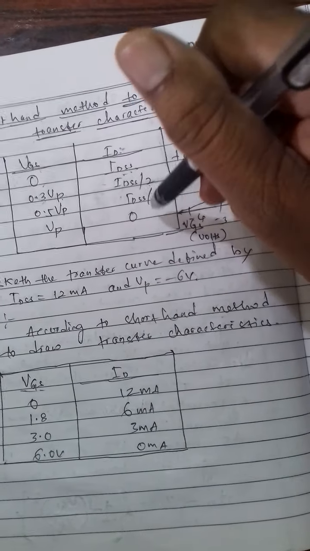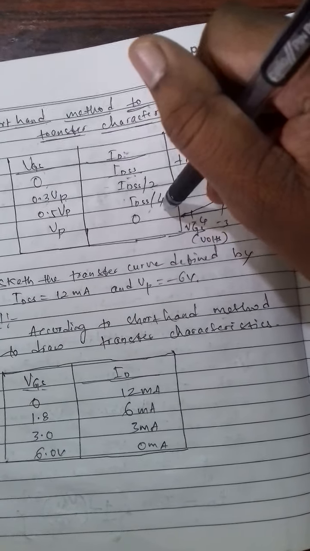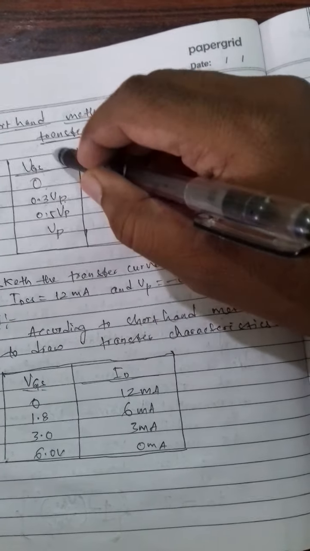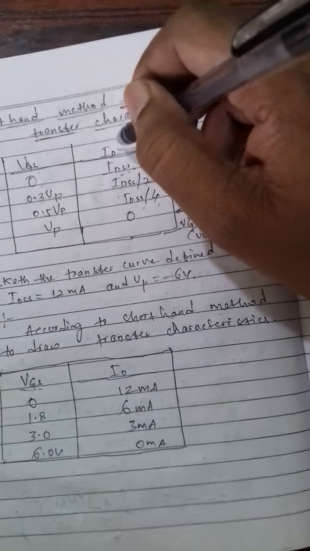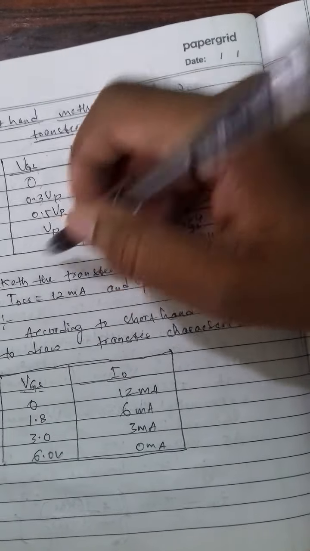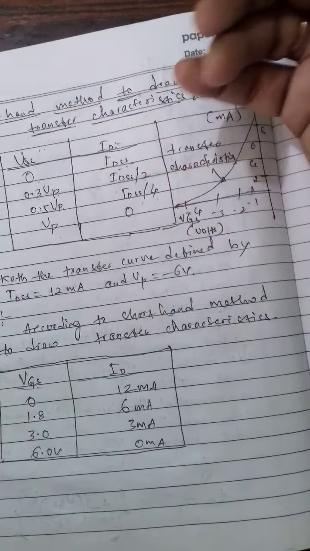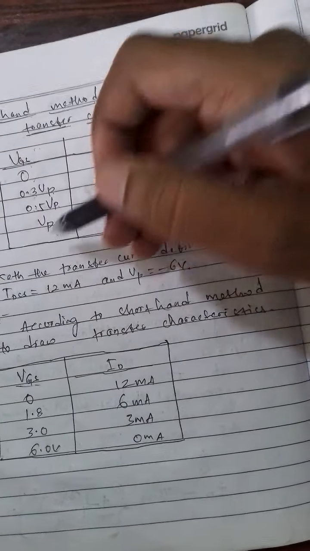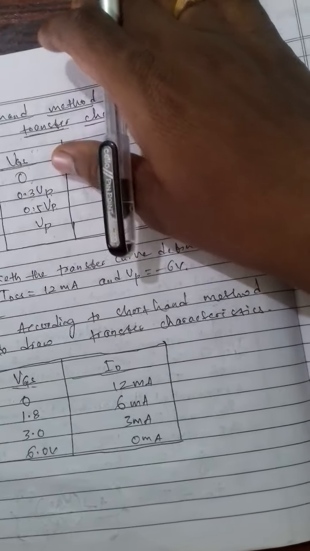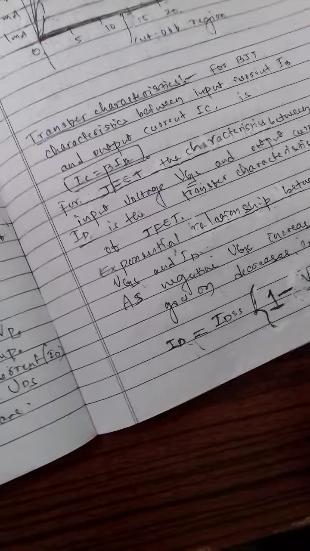And when the drain current reduces to IDSS upon 4, VGS is equal to half of the pinch off voltage. And when drain current ID is equal to 0, VGS is equal to the pinch off voltage. If you put in all these parameters, we will get the other parameters from this equation.